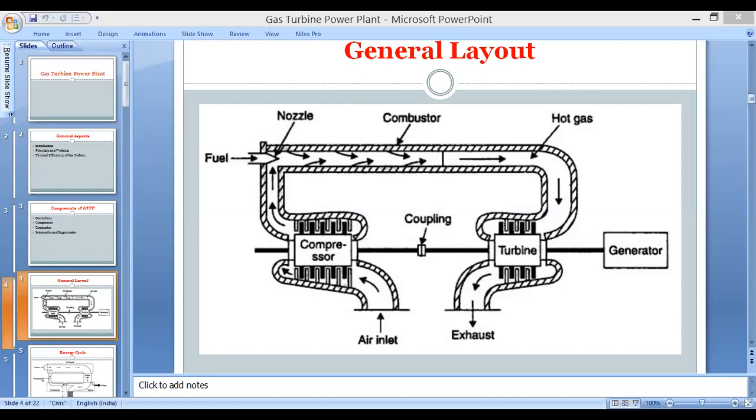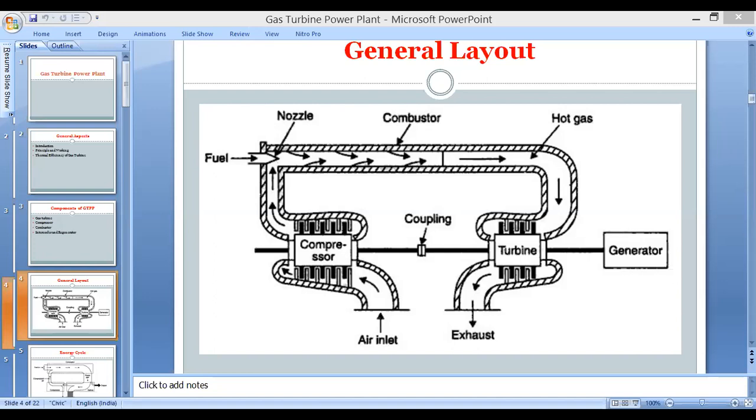The important comparison is the size of output with the fuel input. We all know that the maximum amount of energy is used to run the compressor. When the compressor is running, it compresses air. That compressed air is transferred to the combustion chamber. In the combustion chamber, mixing and combustion of fuel occurs.